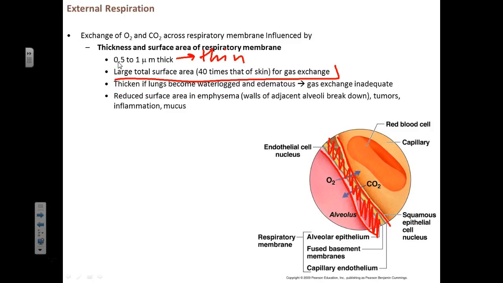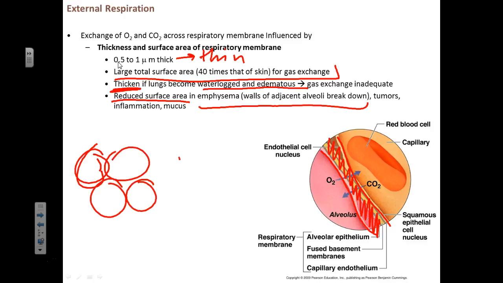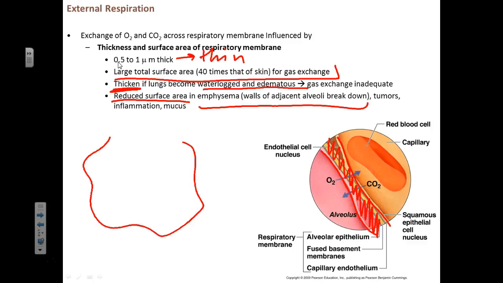Now, what can impede the exchange? If the membrane becomes thick, in case of, for instance, pulmonary edema, or if the surface area decreases in a disease like emphysema. So what happens in emphysema, when you have those alveoli, and then walls between adjacent alveoli start to collapse, and instead you have something like that.